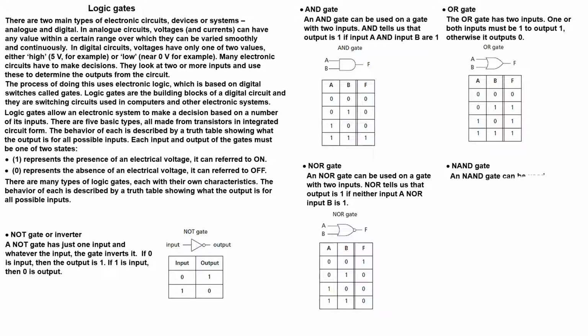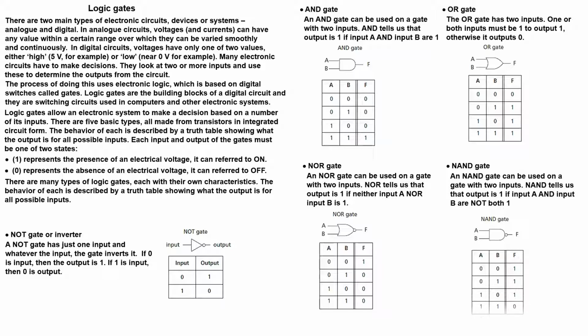A NAND gate can be used on a gate with two inputs. NAND tells us that output is 1 if input A and input B are not both 1. The truth table looks like this. Pay attention to the symbols. They are very important.